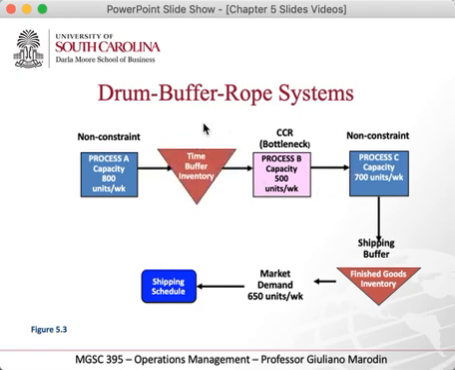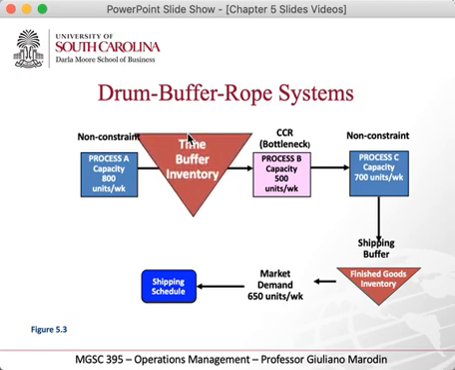You have to have an inventory here to make sure process B doesn't stop, because if you lose time on process B, you're going to lose the production of the whole system. So you have to keep some buffer here, but it doesn't have to be that big, because process A is very fast and can recover pretty quickly. So you produce and produce, and let's say we establish a rule: when I get to 900, I stop.